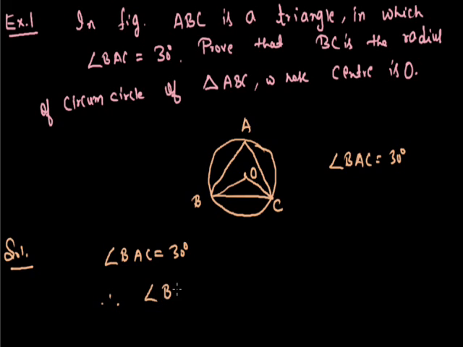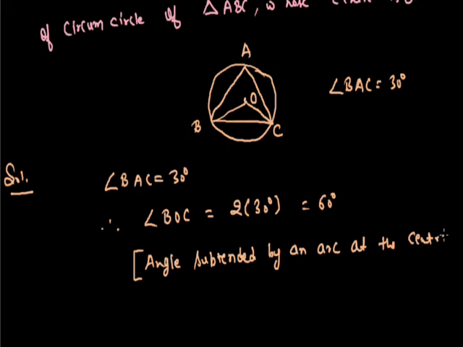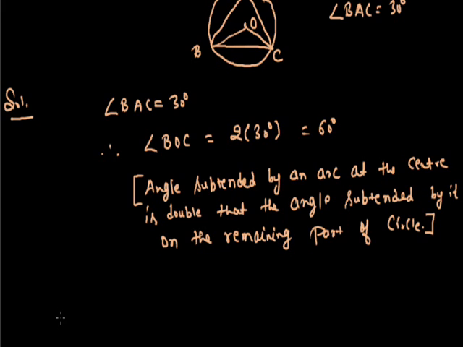Therefore, angle BOC is equal to twice of 30 degrees, which is equal to 60 degrees, by the theorem that the angle subtended by an arc at the center is double the angle subtended by it on the remaining part of the circle. So angle BOC is equal to 60 degrees.